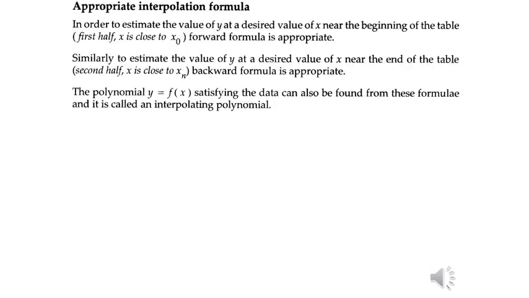Now the question is when to use forward interpolation formula and when to use backward interpolation formula. If the value of x is near the beginning of the table, then we use forward interpolation formula, that is x is close to x naught.